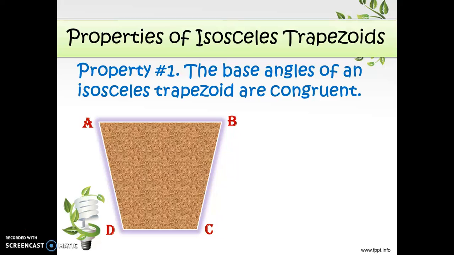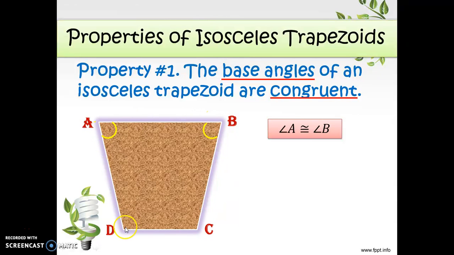Now, the first property states that the base angles of an isosceles trapezoid are congruent. When we say base angles, these are angles formed by the bases. So in the upper base, the angles are angle A and angle B. Those are the base angles in the upper base, and they are congruent.